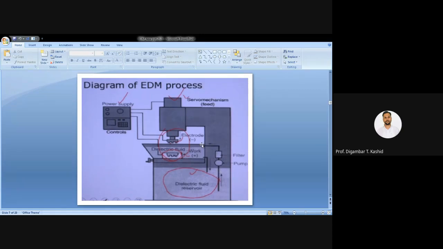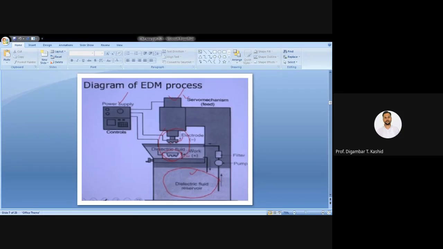That dielectric is recirculated using your central pump, in between your machining chamber. For recirculation we require a centrifugal pump.